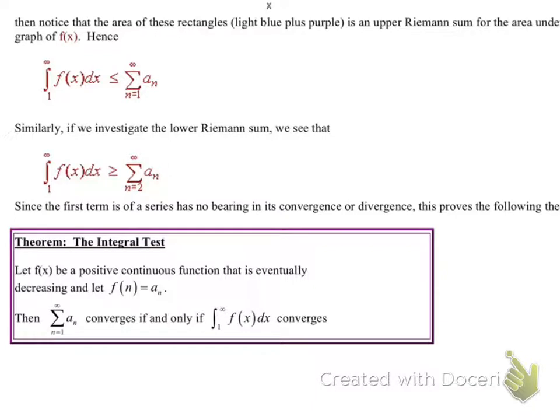Likewise, if we investigate the lower Riemann sum, we see that the lower Riemann sum is less than or equal to the integral. Since the first term of a series has no bearing on its convergence or divergence, this proves the following theorem.